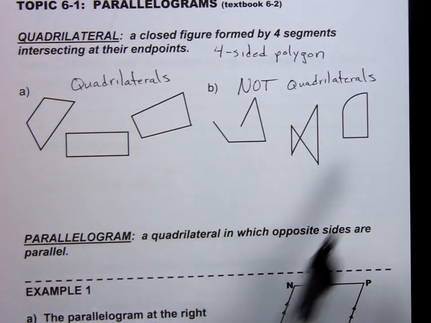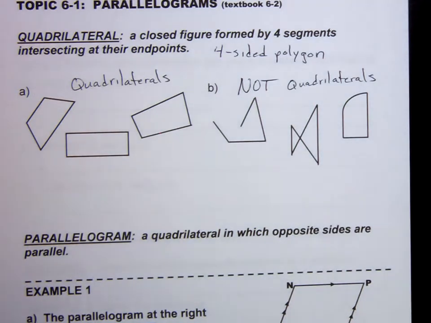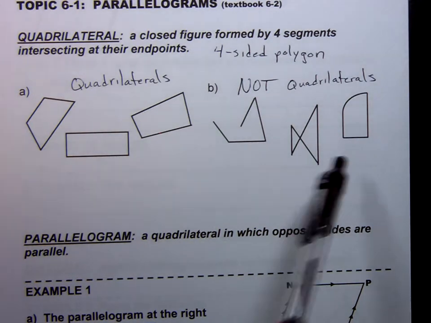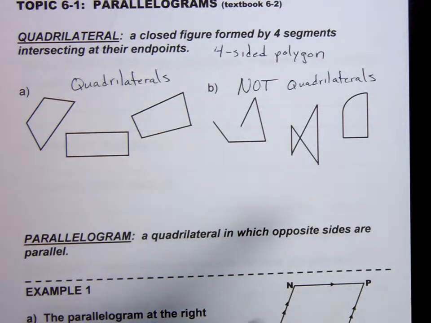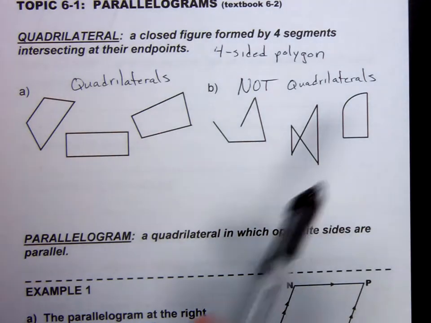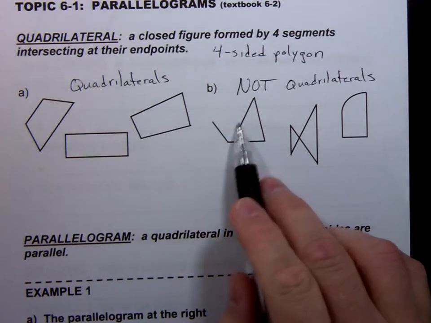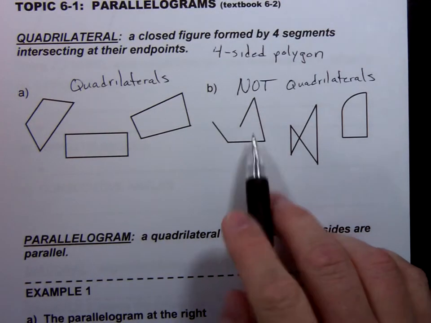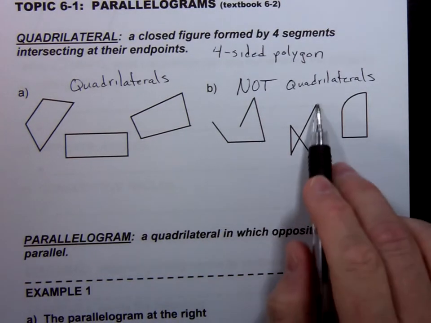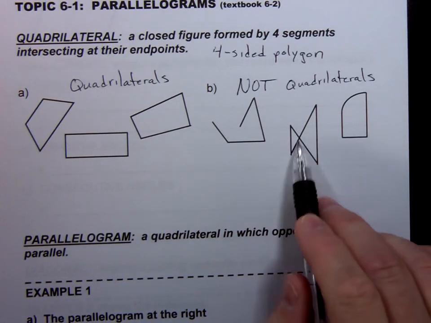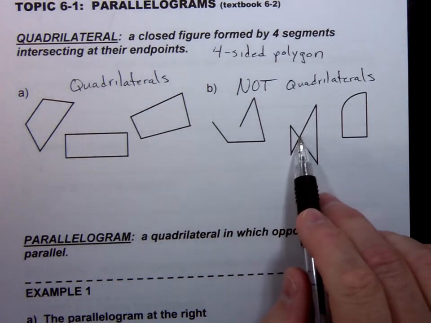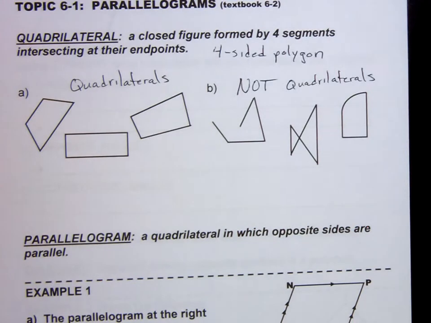And the reason these are not quadrilaterals, while they have four segments each, or not technically segments in some cases, but it appears they have four sides of some sort, is that they don't match the definition of polygons. This one is not closed. These ends need to meet up to make it closed. Right here, these segments are not intersecting at endpoints only. They're intersecting somewhere in the middle of the segments as well.